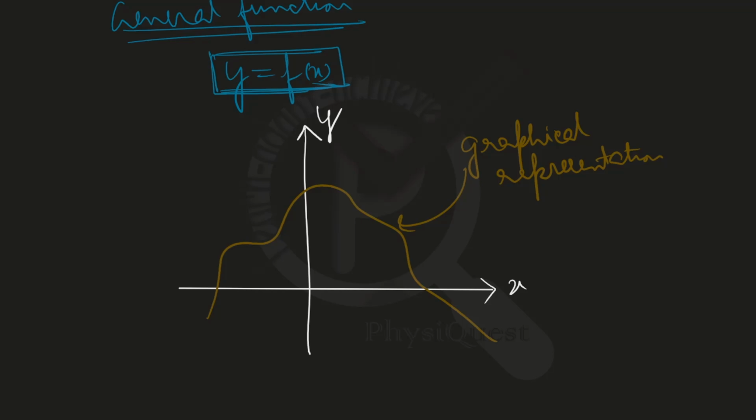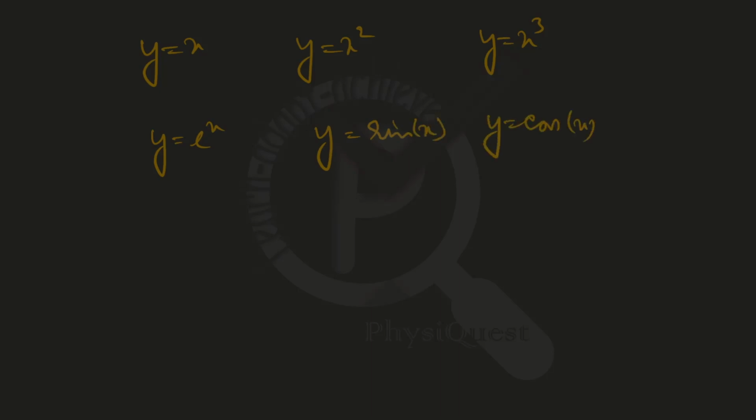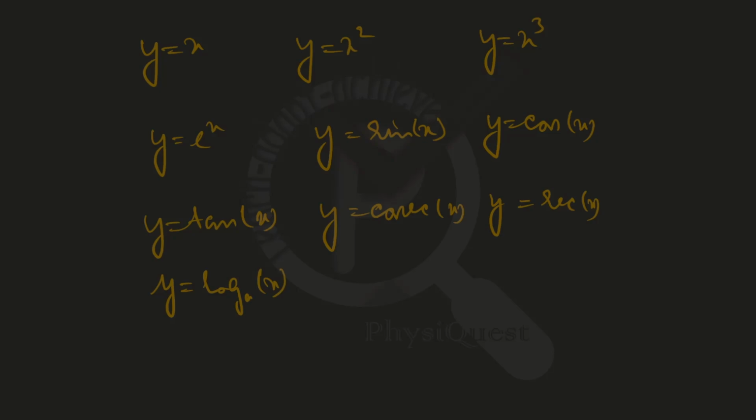Now in reality, if I have some functions like y equals x, y equals x square, y equals x cube, y equals e to the power x, y equals sine x, y equals cosine x, y equals tan x, y equals cosec x, y equals sec x, y equals log base a of x, y equals cot x, and so on.